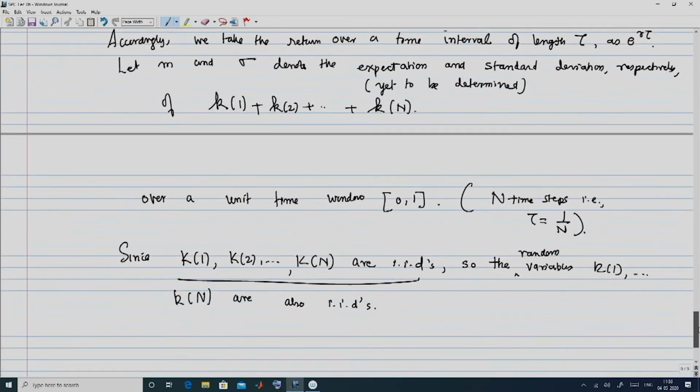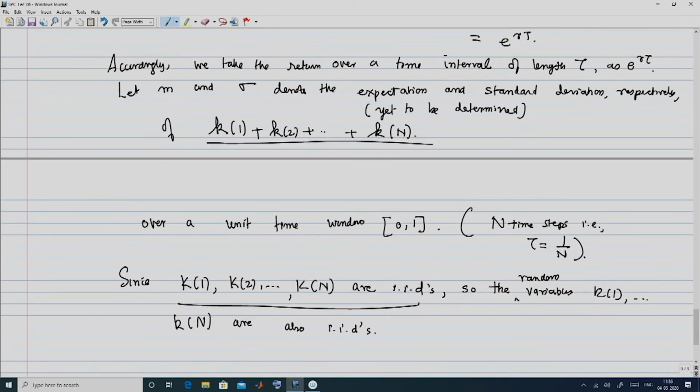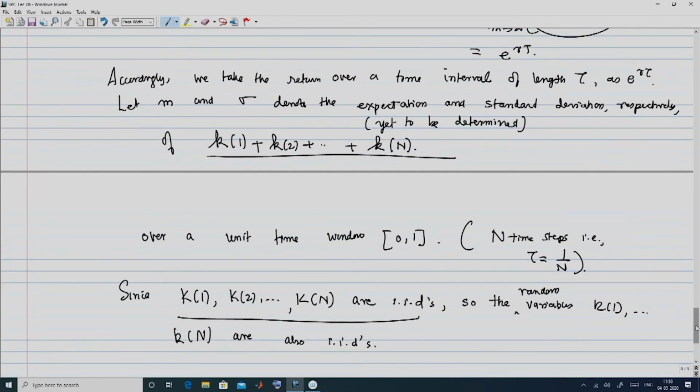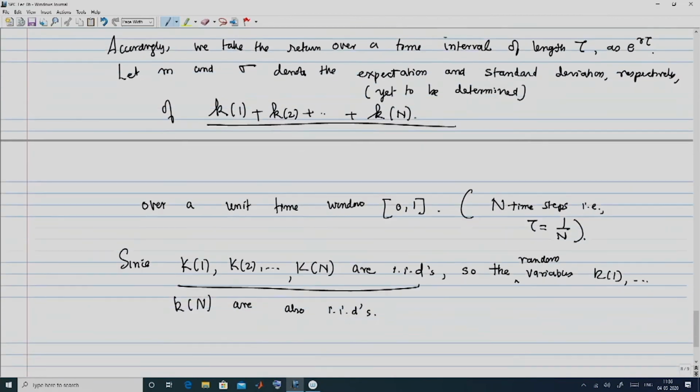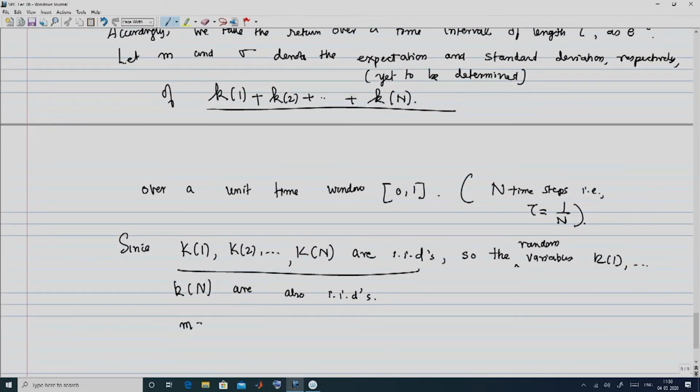Now, let us go back to this. I said that m is the expectation of this random variable. So, that means I can write m is equal to the expected value of k1 all the way to kn, and this is where we use the linearity property of expectation that we discussed earlier.